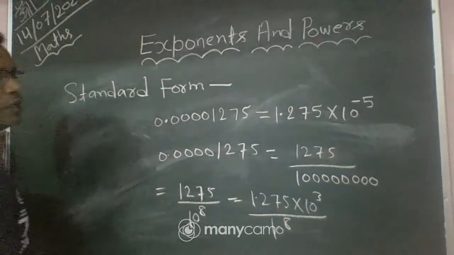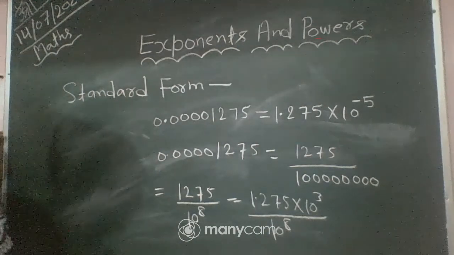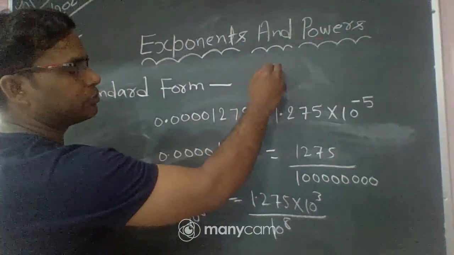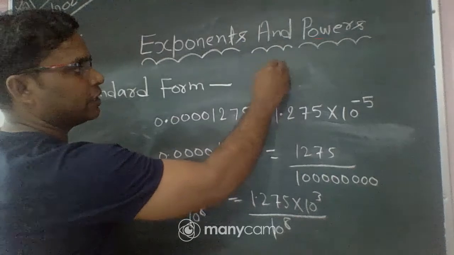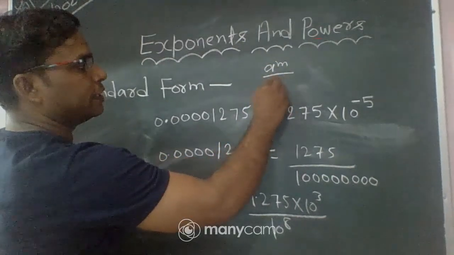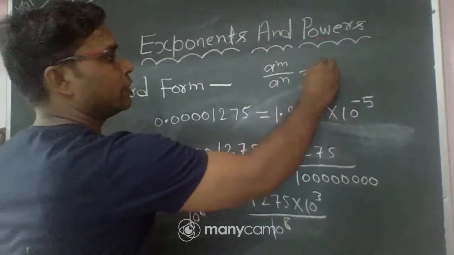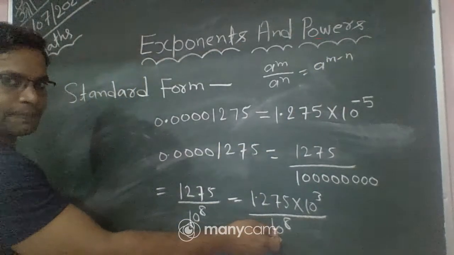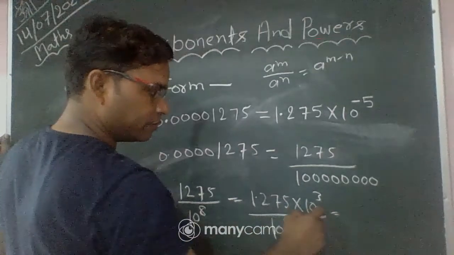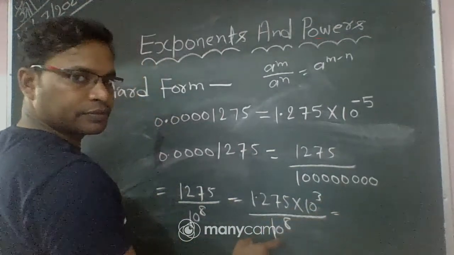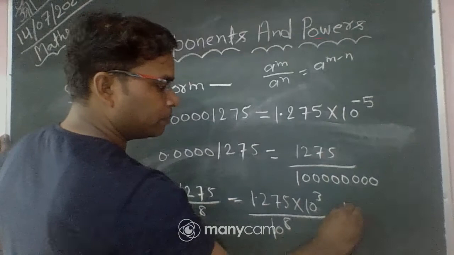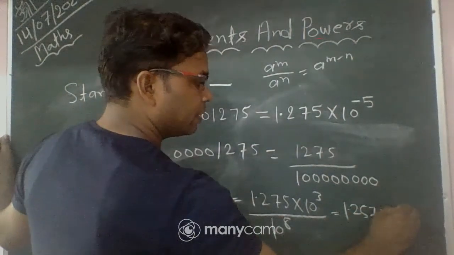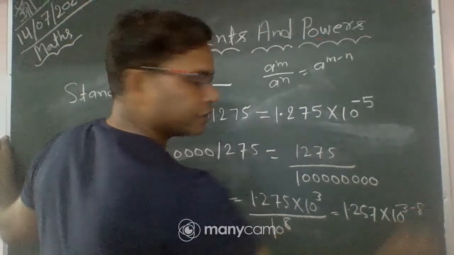Clear? Now you know this law of exponents: a power m divided by a power n is equal to a power m minus n. Here both bases are the same, so you can write 1.275 into 10 power 3 minus 8.